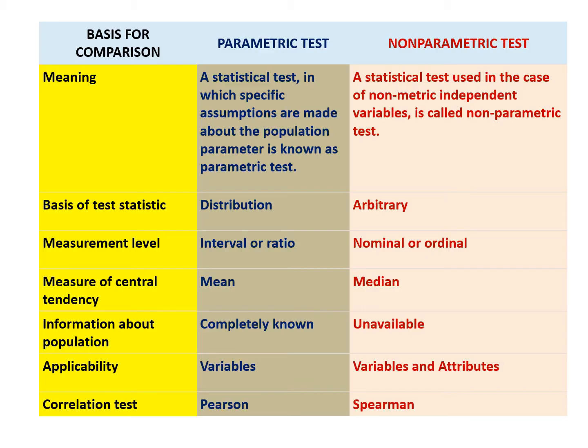Information about the population is unavailable, and the measurement for parametric and non-parametric tests will apply for both variables and attributes. For correlation tests, we can use the Spearman rho correlation.